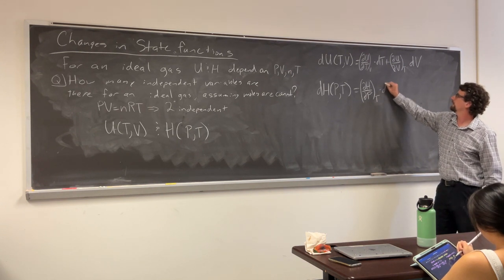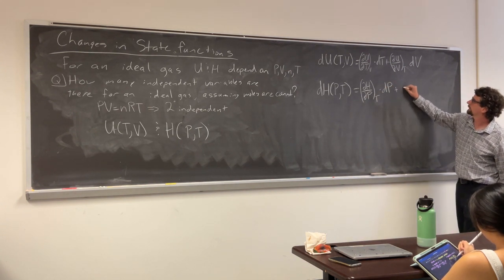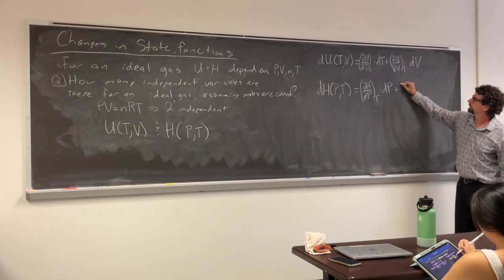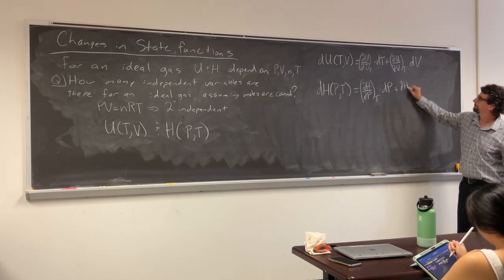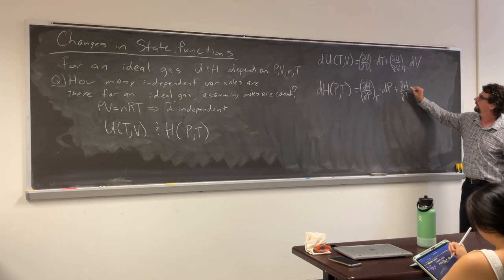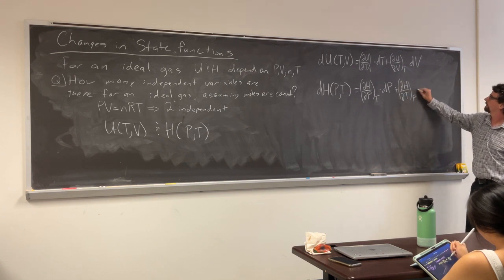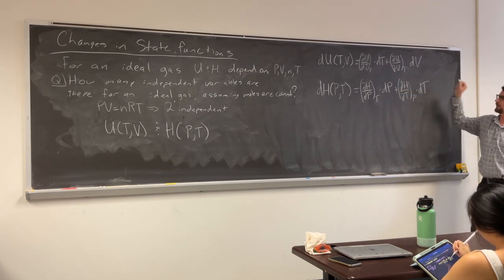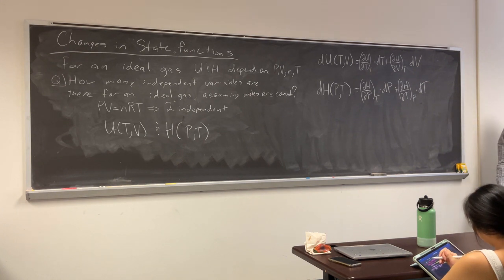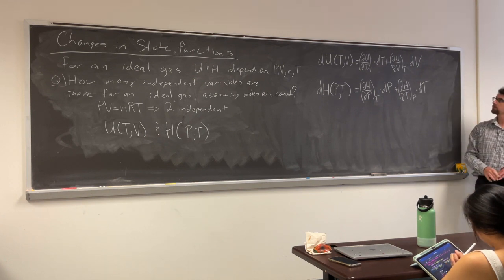Times dP, plus partial of H over partial of temperature, over pressure constant, times dT. Exactly. You should be able to do that pretty fluidly, looking at any expression that we want to consider.